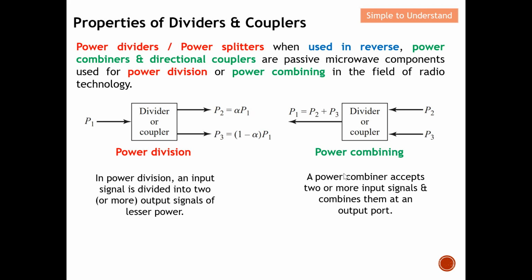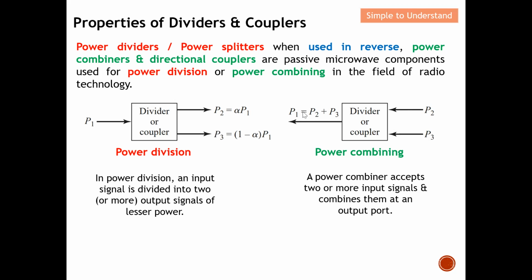As for a power combiner, it accepts two or more inputs. This diagram shows two, but you can imagine that there are actually more input signals. It's also called a power combiner. Here, they basically combine all the power into one output port.